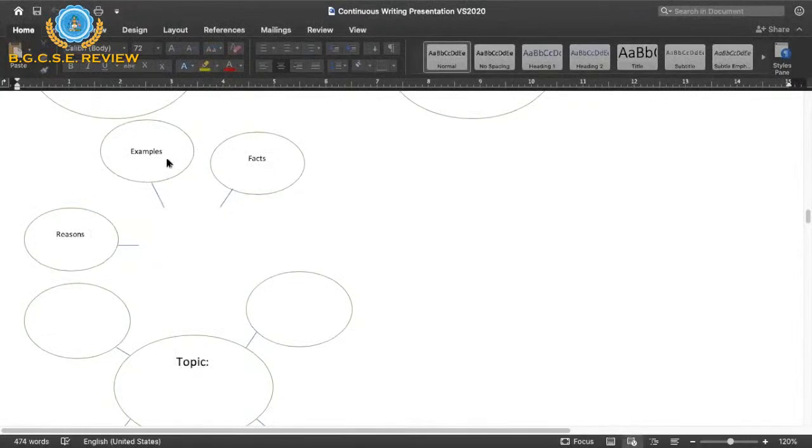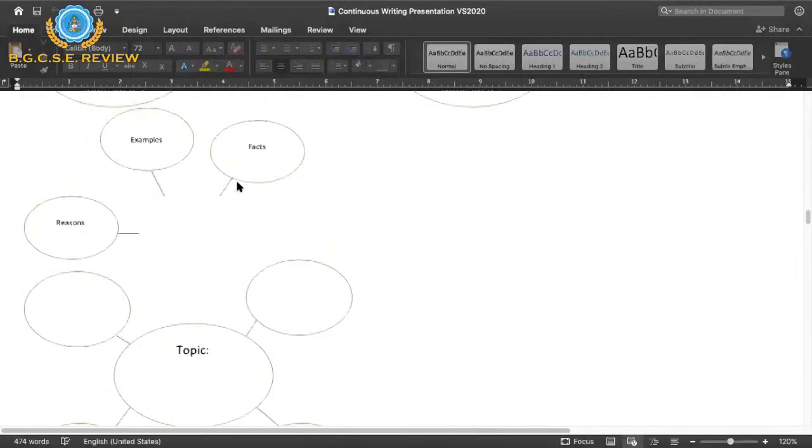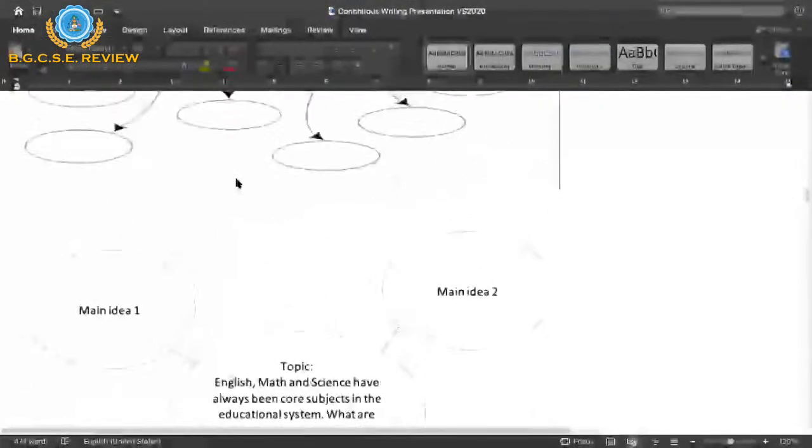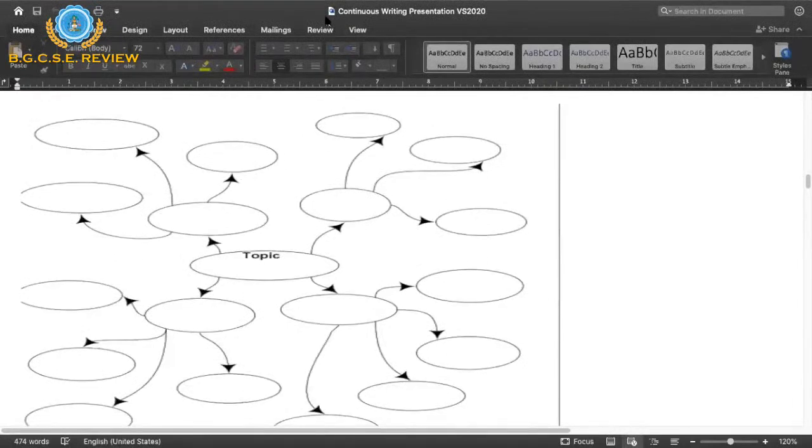There they are. This one, I don't know what happened to the drawing here, okay? So for each bubble that you come up with, we'll stick to this one. I want you to give me a reason, an example, and a fact to go along with that subject. So, for example, okay, let's see.